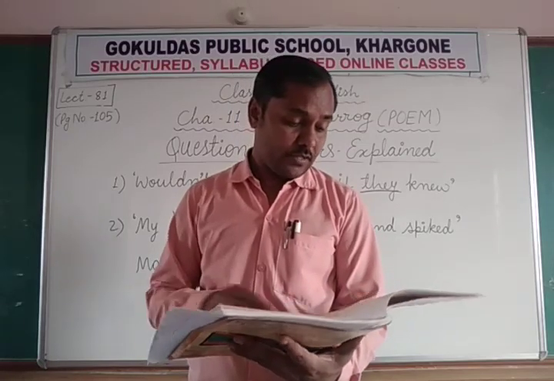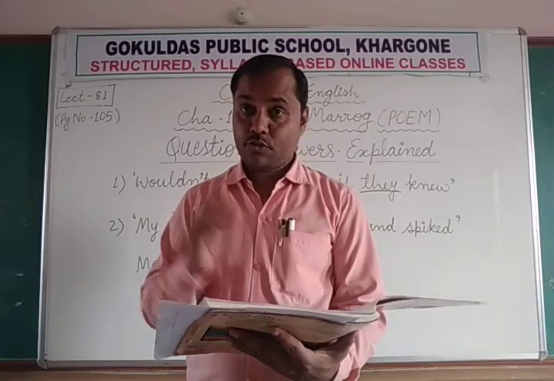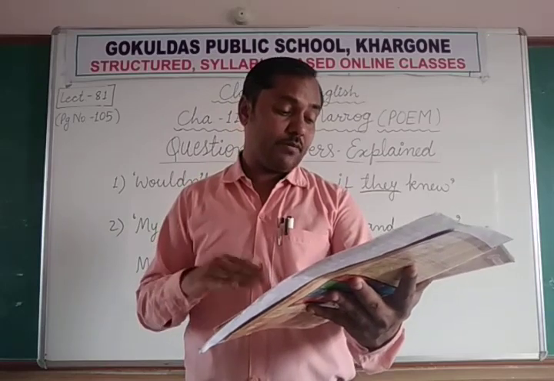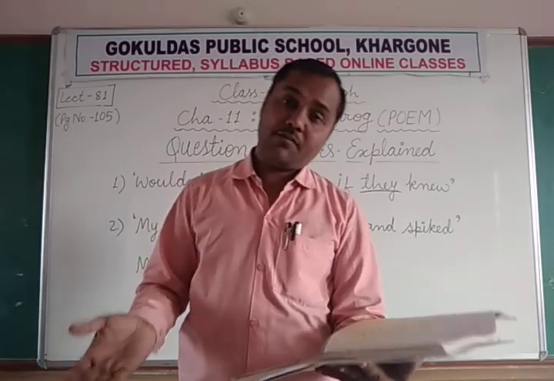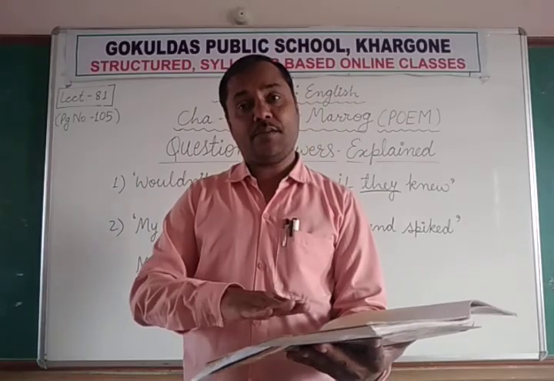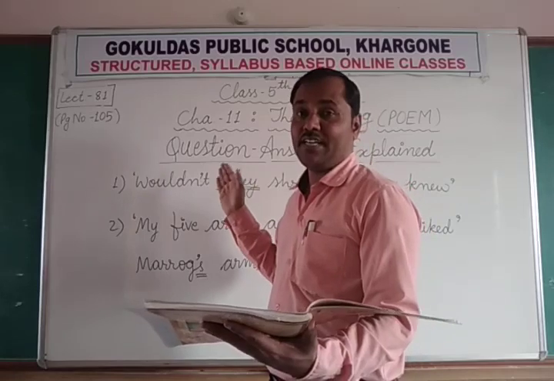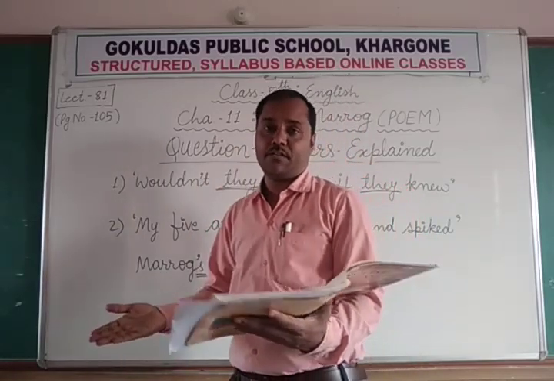That is the poem number 8. So 7 and 8. Then we directly come to chapter number 11 and 12. And chapter number 12 we have completed first. Then after chapter number 12 we have now completed chapter number 11.